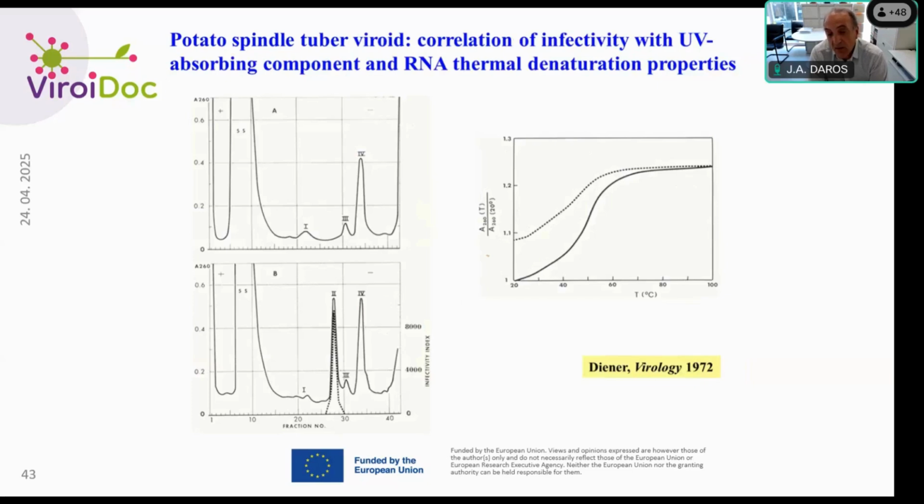And this is a publication by Diener, 1972, which I consider a remarkable figure for viroid history, because he showed that band number 2, or peak number 2, in this preparative electrophoresis separation, contained the PSTVd infectivity, and when he analyzed the nucleic acid in this fraction, he realized that this was an RNA.